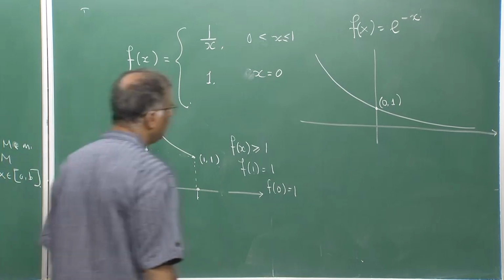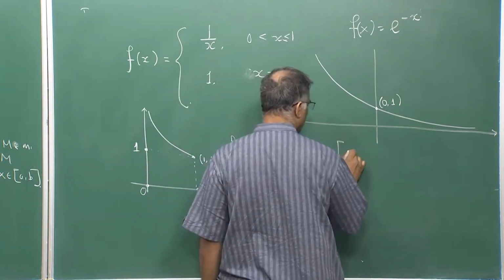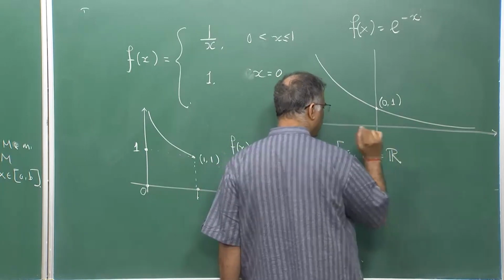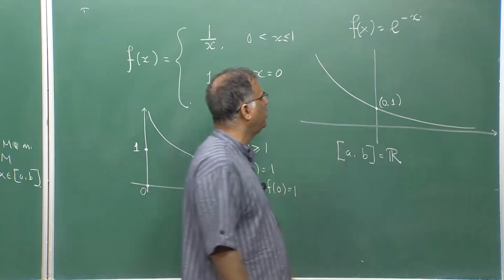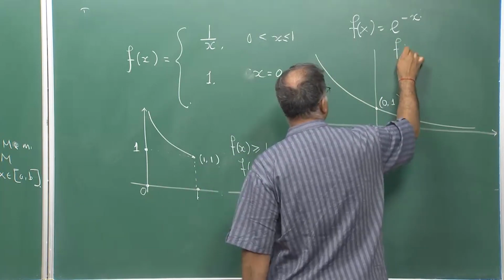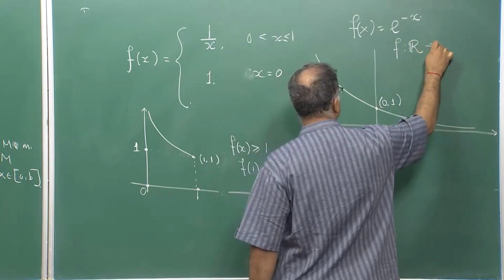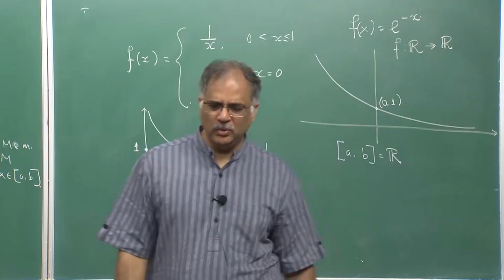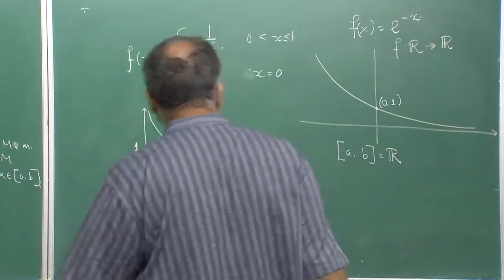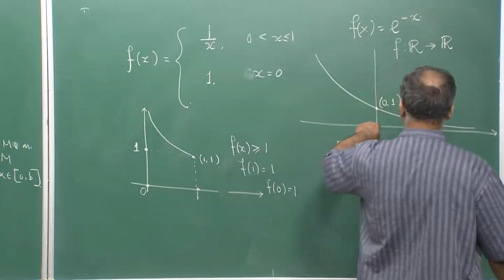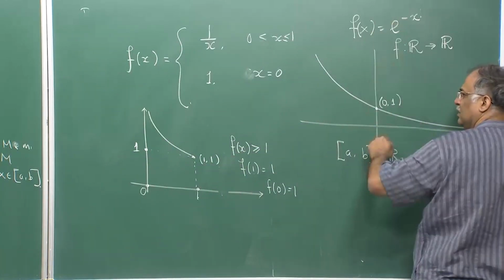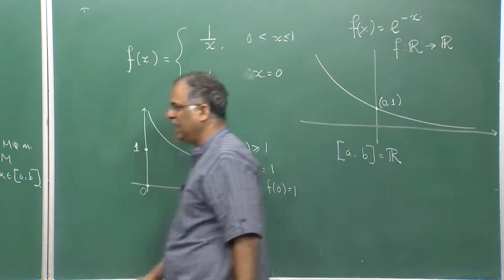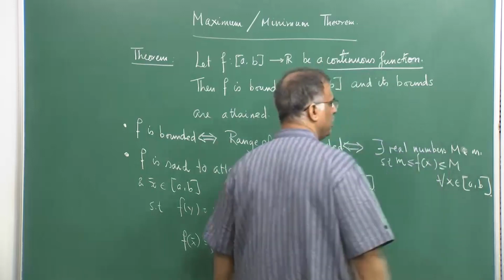Now, I am looking at the function here, my AB is now the whole of R. I am trying to find whether a function defined from R to R is bounded or not. Look at the fact, the range of the function is actually R plus, the non-negative real line, non-negative values of y, and the non-negative real line is never ever bounded.